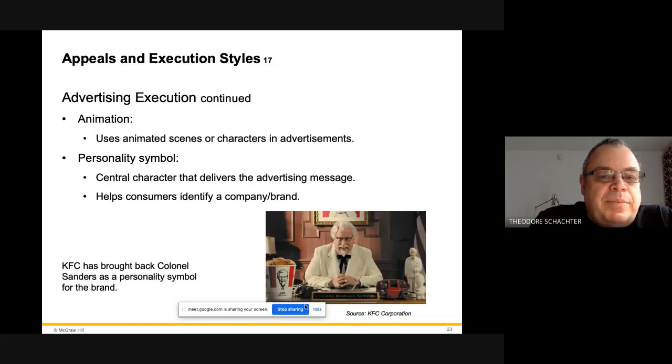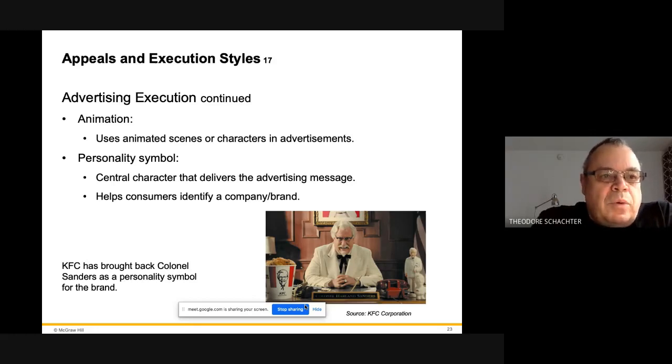Animation is very simply using animation, cartoons. Now, we use animation a lot of times because we want to illustrate something that's very difficult or kind of gross to show if it isn't animated. For example, killing roaches. You don't actually want to see dead roaches on your screen, so on your video.